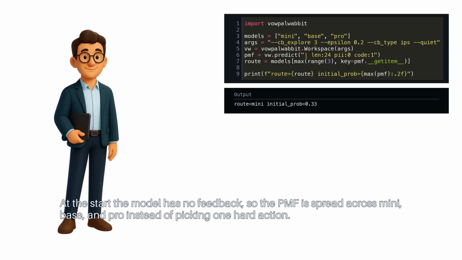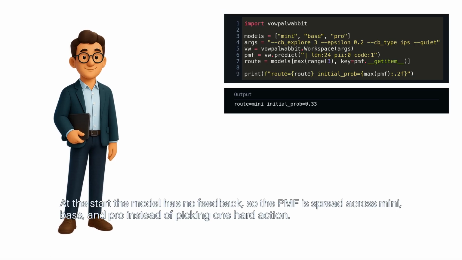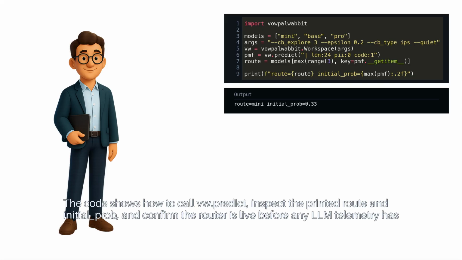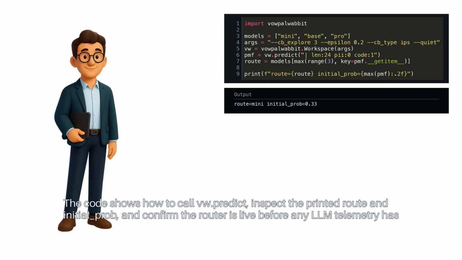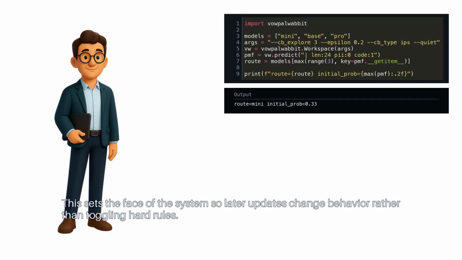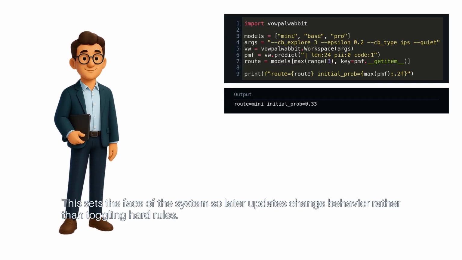At the start, the model has no feedback, so the PMF is spread across mini, base, and pro, instead of picking one hard action. The code shows how to call VW predict, inspect the printed route and initial prob, and confirm the router is live before any LLM telemetry has been sent. This sets the baseline of the system, so later updates change behavior rather than toggling hard rules.